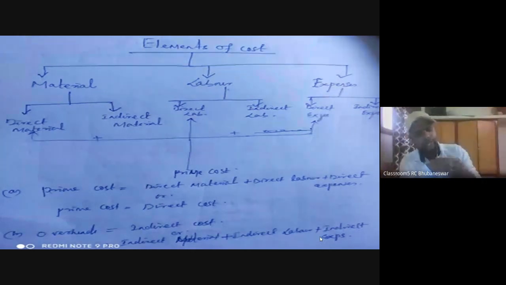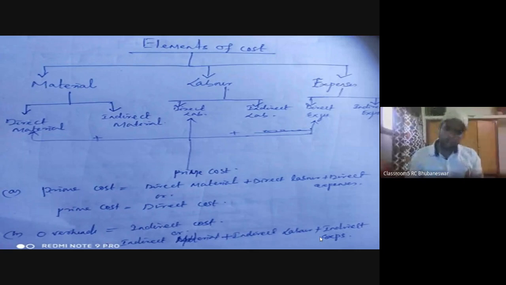At that time, all the expenses linked to sales, like carriage outward, freight outward, then loading and unloading charges in respect to sales, all come under indirect expenses.